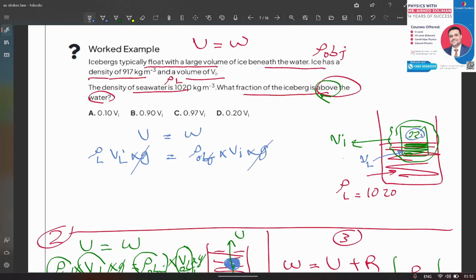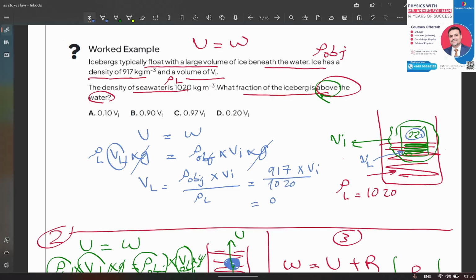So now we need VL, the volume under the surface. It will be rho object multiplied by VI over rho liquid, which equals 917 multiplied by VI over 1020.